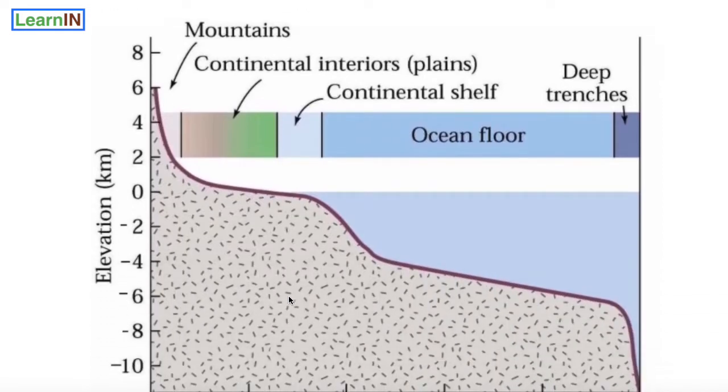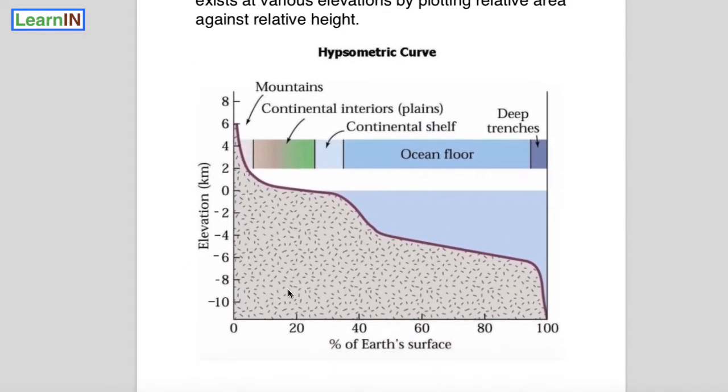See in this map here. This shows the hypsometric curve. The x-axis shows the surface area, in the form of percentage, and the y-axis is elevation.